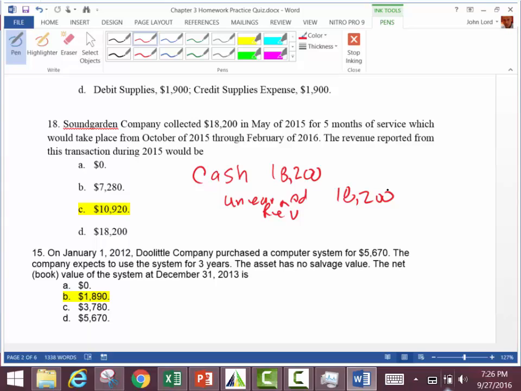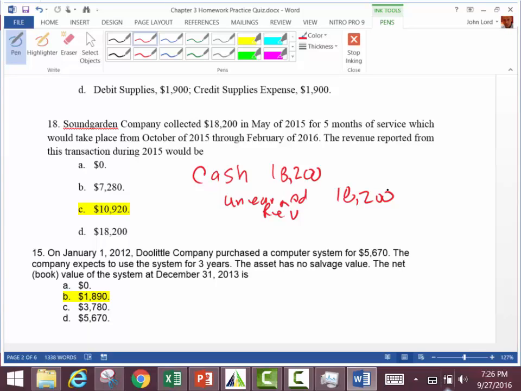Okay, look at the question. We have May for 5 months, right? And it's providing service October through February of 2016. So we're going to provide service October, November, December, January, February, 5 months, but that's not going to start until October, right?